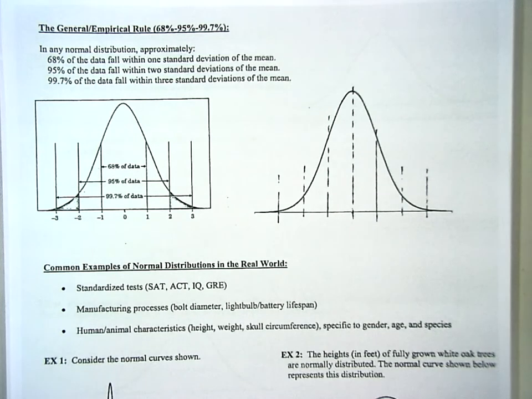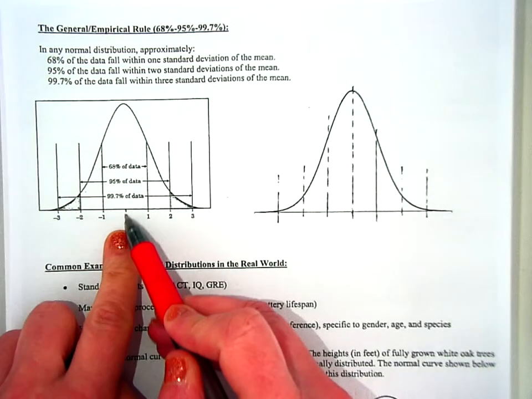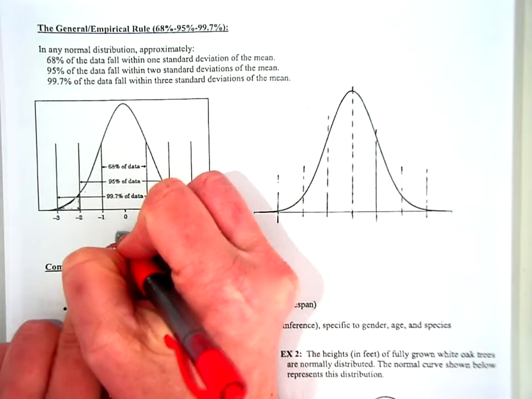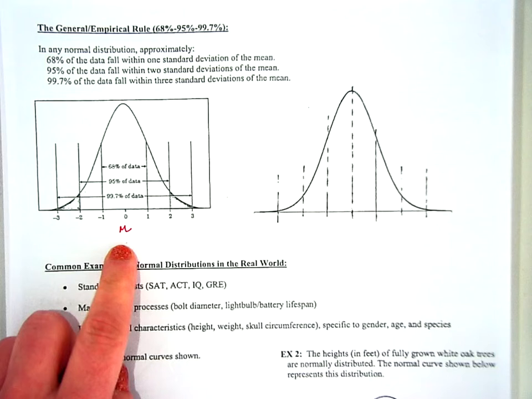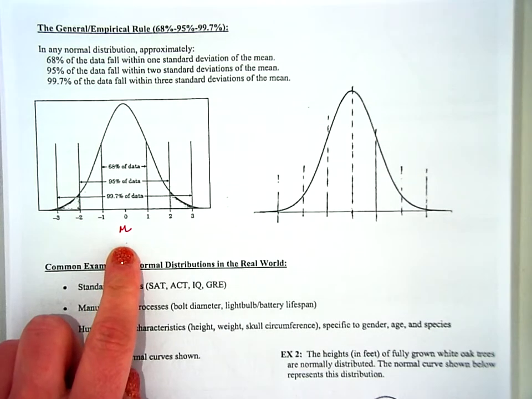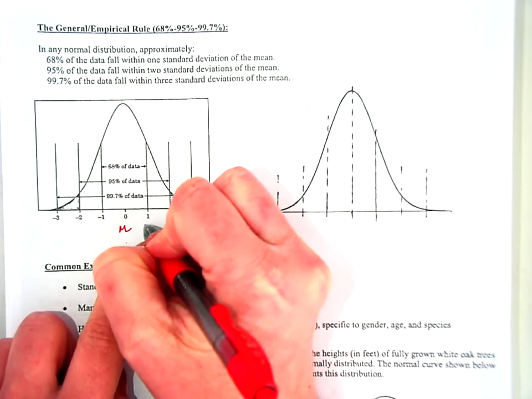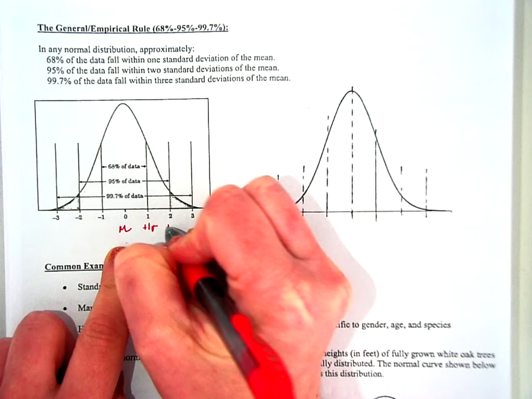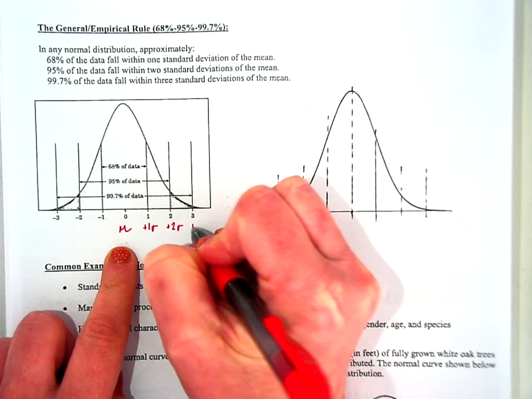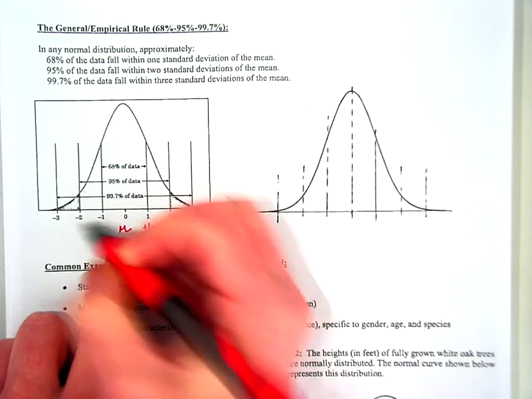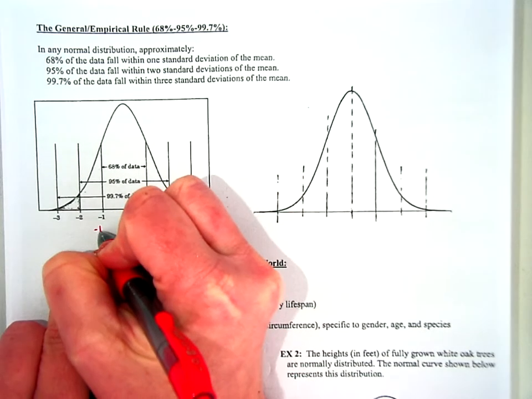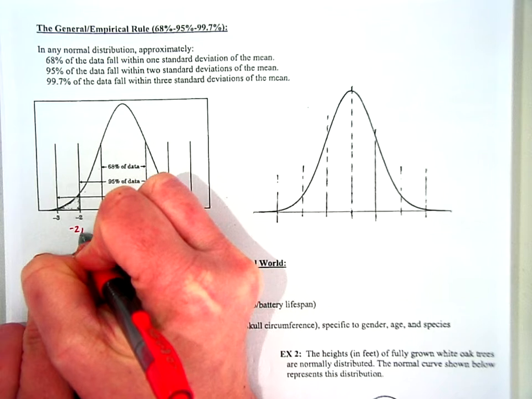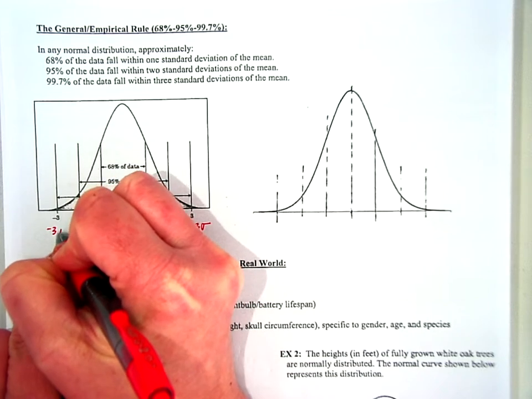Right where there's a 0, that's where our mean is, because we're 0 standard deviations away from the mean. Here we are 1 standard deviation above, here 2 above, and here 3 above. Here we are 1 below, here 2 below, and here 3 below.